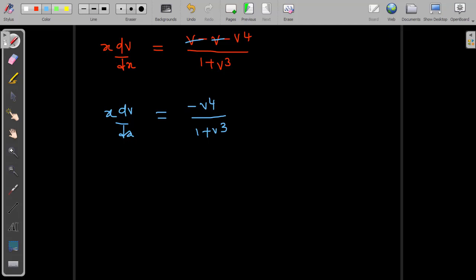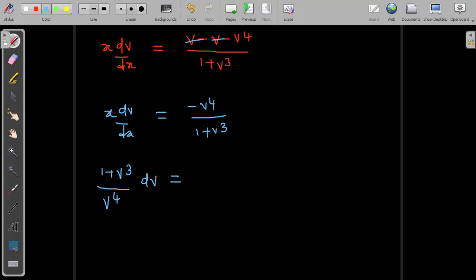Now I have to separate the variables, so using the variable separable method. How? Take this whole quantity, which is a function of v, to the left side. We need to transpose carefully. The 1 plus v to the power 3 will take place in the numerator, and the v to the power 4, if you bring it to the left side, goes to the denominator. Keep dv on the left side.